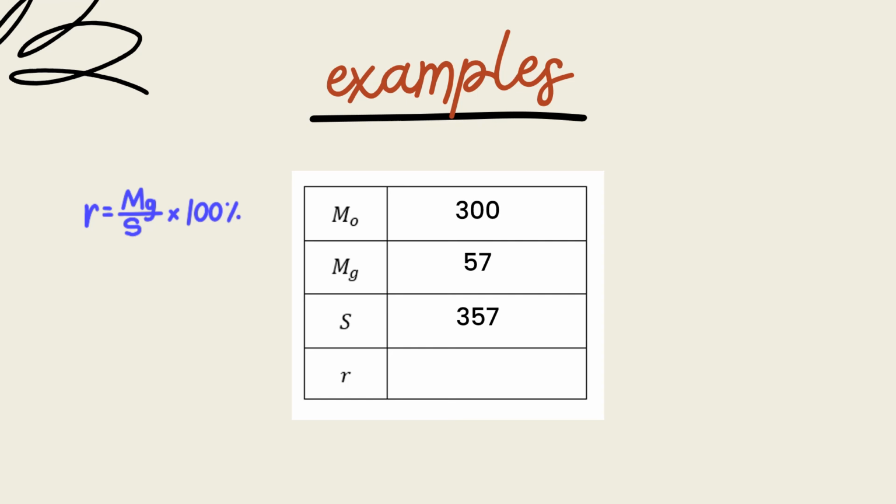Now find R using the formula. So your R is equal to 15.97%. So I would always prefer 2 decimal points for the final answer.